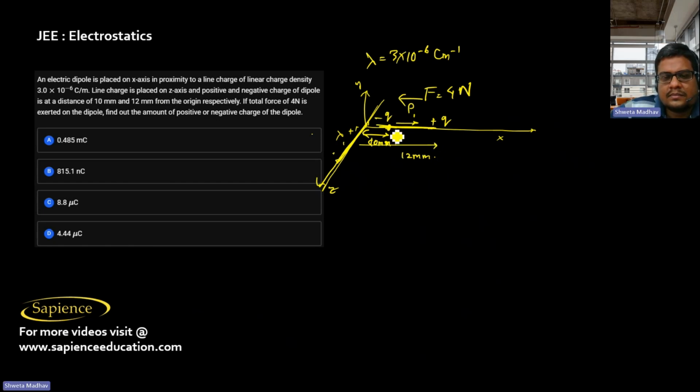So now the electric field due to a long line charge is 2k lambda by r, which is lambda by 2 pi epsilon naught r.